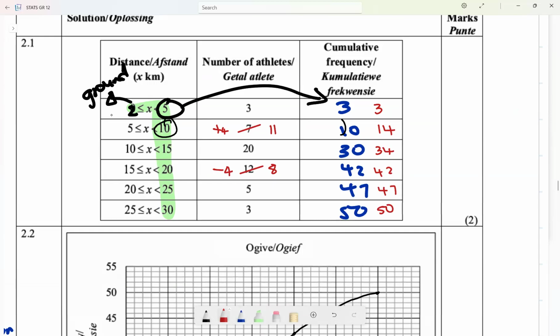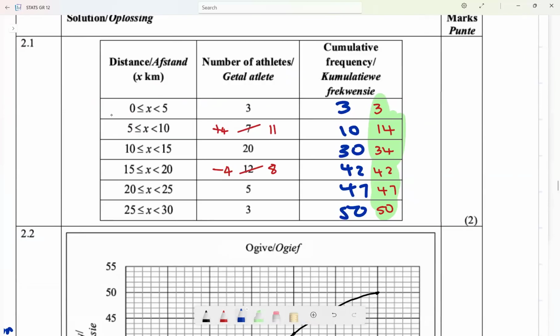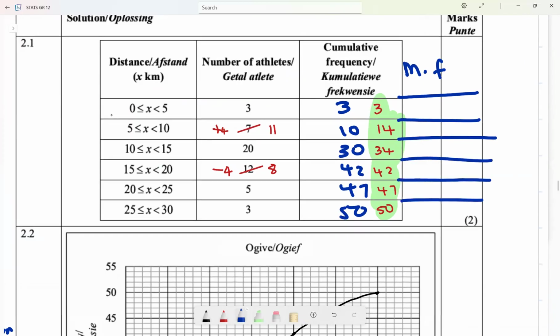But we will be using this one to find our estimated mean. How do you find the estimated mean? You will need your midpoint multiplied by frequency column. What is my midpoint?